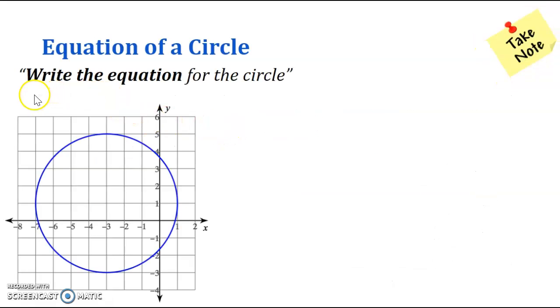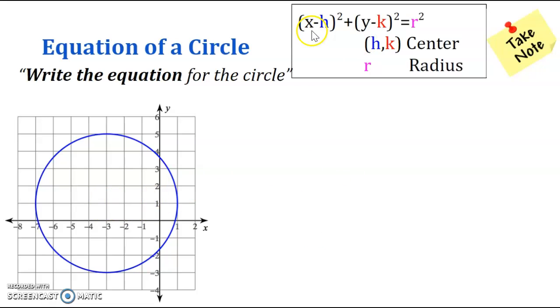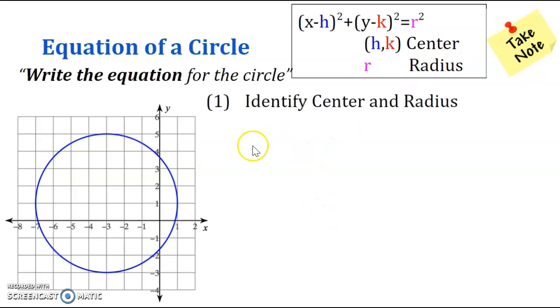So then, can we figure out how to write the equation of the circle? We're going backwards, okay? So we know that this is the equation of the circle, (x minus h) squared plus (y minus k) squared is equal to r squared, where h comma k is the center. Identify the center and the radius. What is the center and what is the radius?